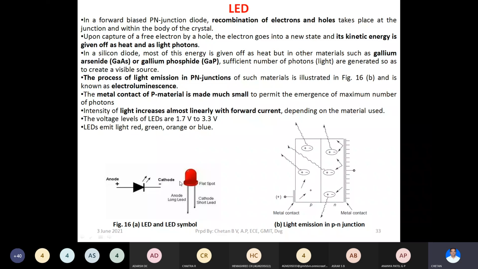You can take an LED and connect it to a battery having slightly less charge, and you can see the intensity of light. Either the LED glows with a small intensity or it will not glow at all, right?